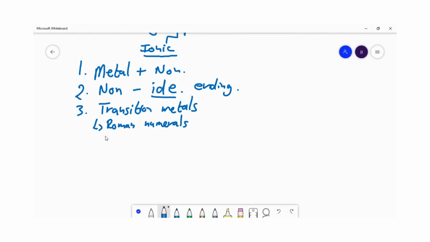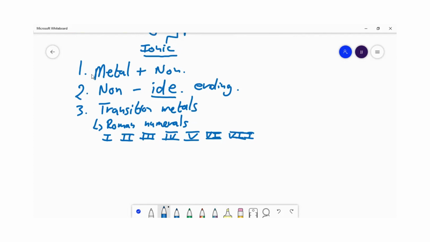Just up to 1 to 7, the symbols for them, it's 1, 2, 3, 4, 5, 6, and 7. These Roman numerals will be placed just after the metal.